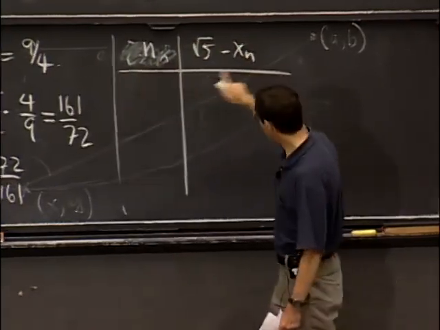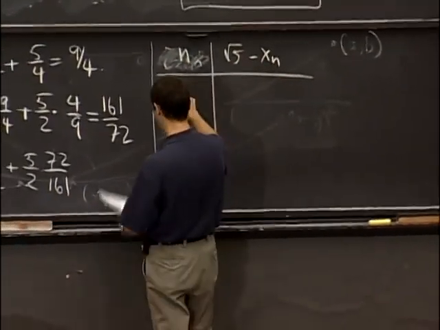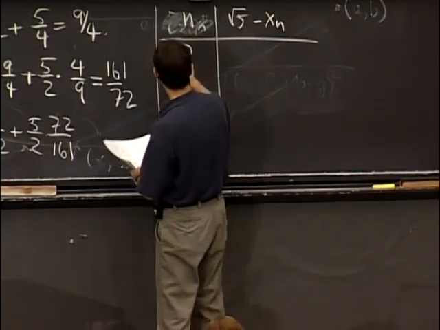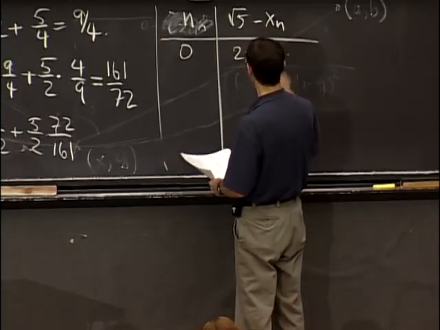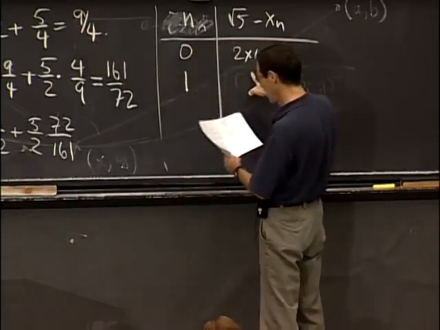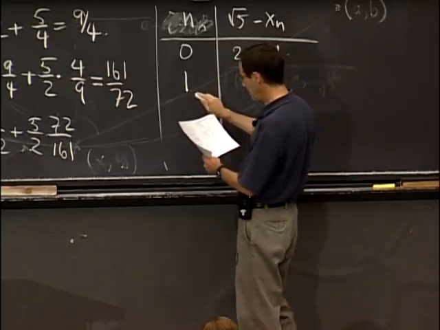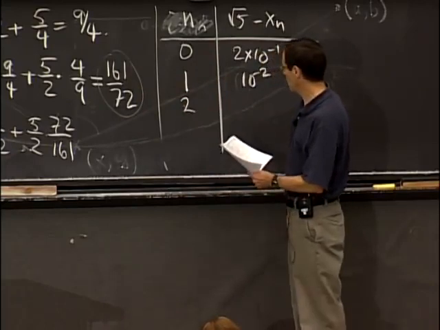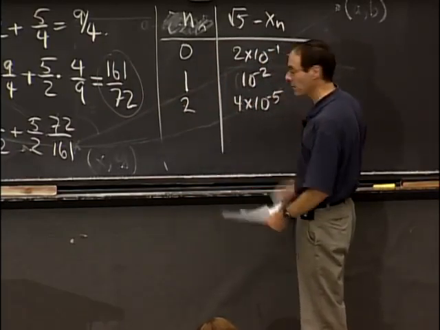You'll have to decide on your homework whether it comes out positive or negative, to the right or to the left of the answer. When n is equal to 0, the guess was 2, and we're off by about 2 times 10 to the minus 1. If n is 1, that's this 9 fourths, that's off by about 10 to the minus 2. And then n is equal to 2, that's this number here, and that's off by about 4 times 10 to the minus 5.